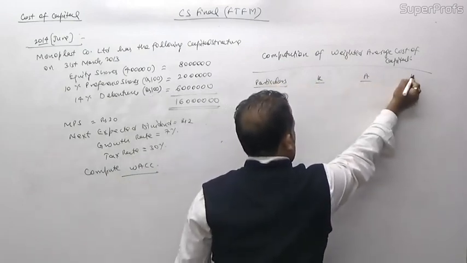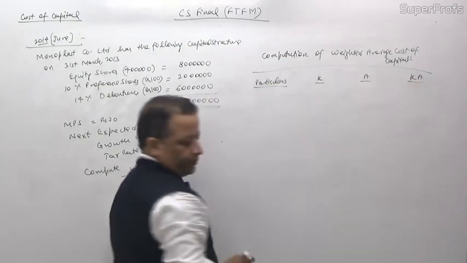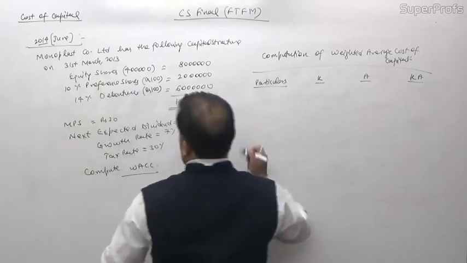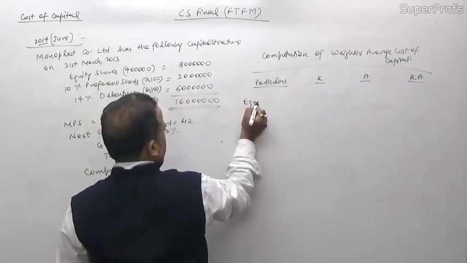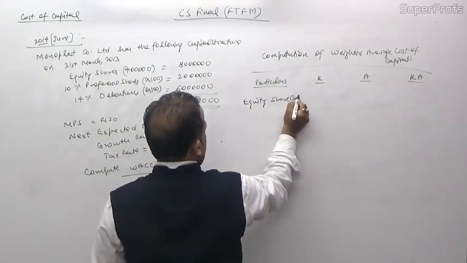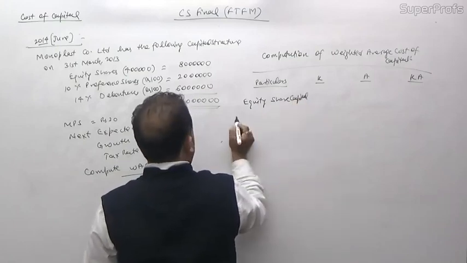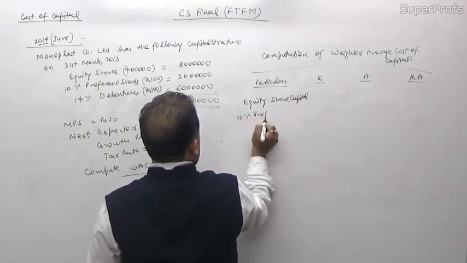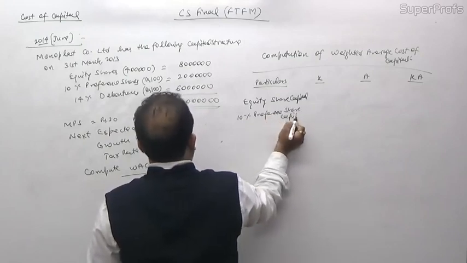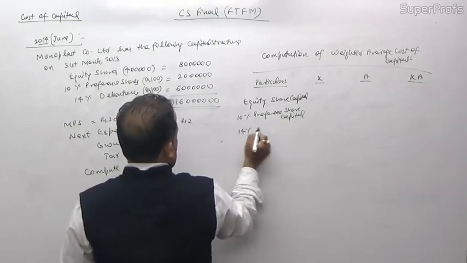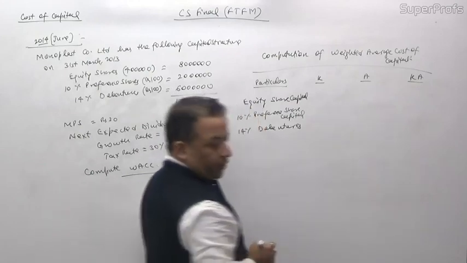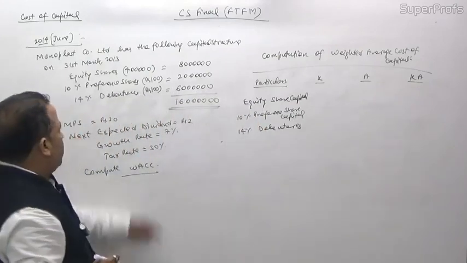K stands for cost, A stands for amount, K into A. The first component is basically equity shares. The second component, 10% preference shares. The third component, 14% debentures.